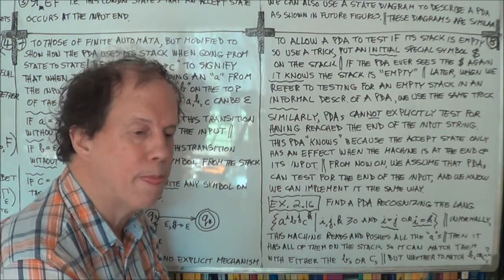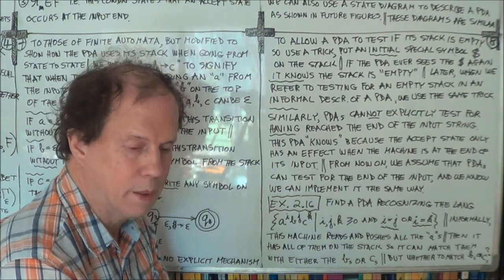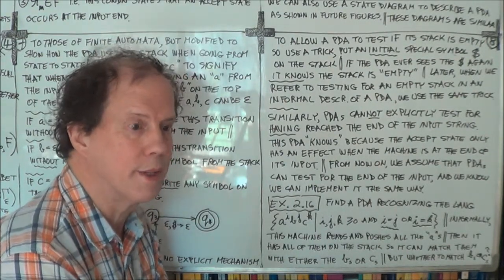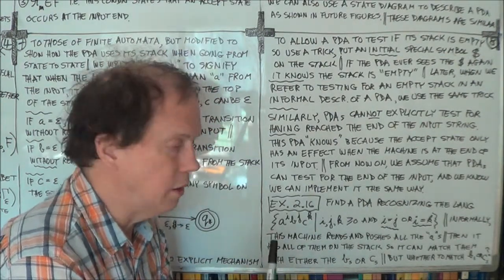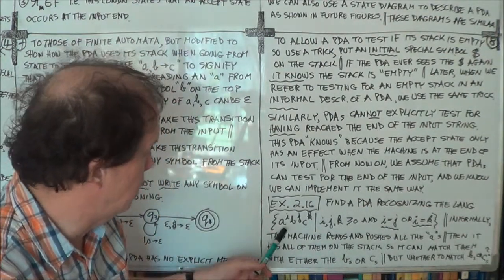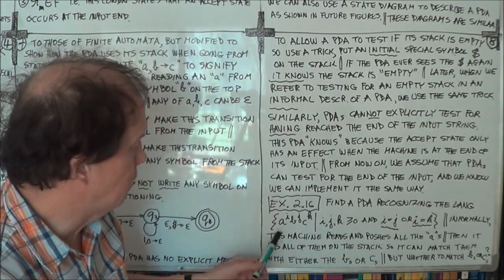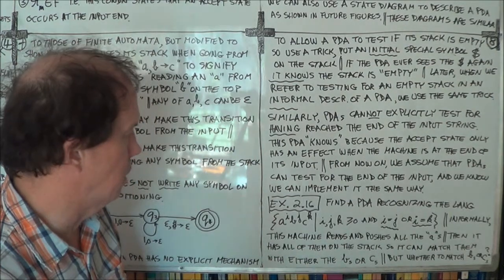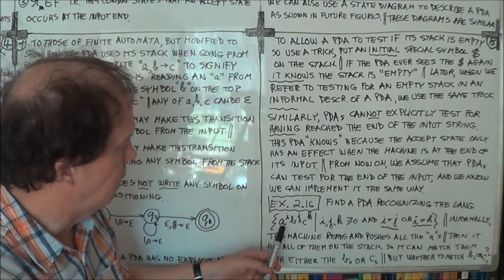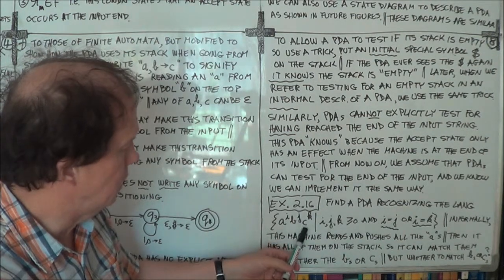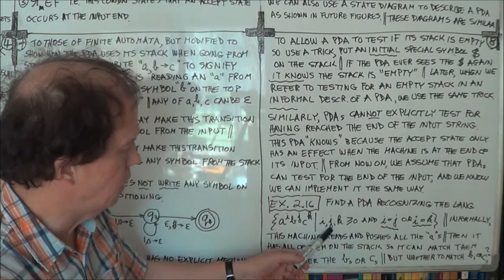They're more powerful than finite automata because they can recognize some non-regular languages. And I guess here this is an example of one. So here's the language you're asked to recognize. The strings have the form a^i b^j c^k. These are just non-negative integers.